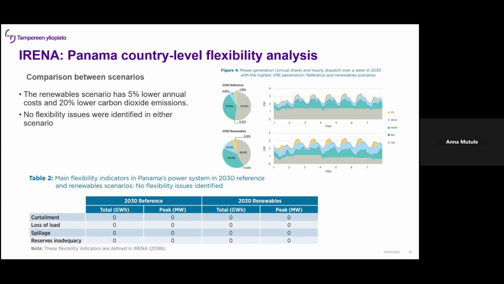The renewable scenario demonstrates clear advantages, with 5% lower annual system costs and 20% lower carbon emissions compared to the reference case. Those findings highlight that with proper planning, Panama can significantly increase its renewable share without compromising system stability or reliability.